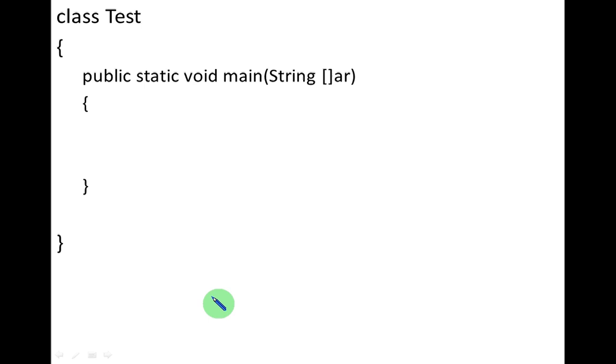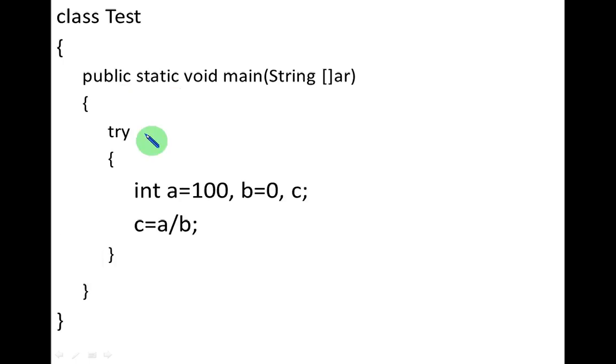So see this example. Now we are going to use try catch to handle this arithmetic exception, right? As usual, within the class we are defining a main method. Now within this main method we are going to use a try catch block. Try is a keyword followed by a pair of braces.